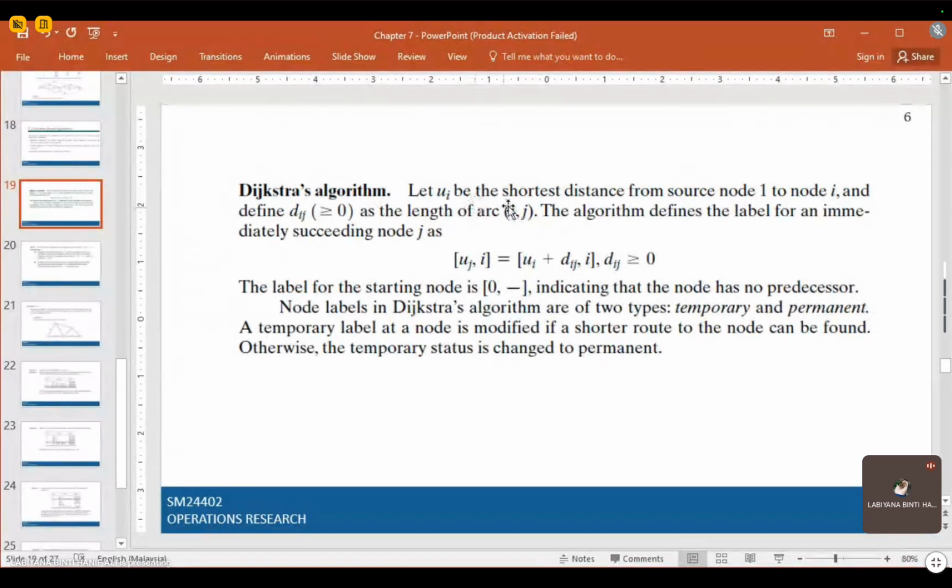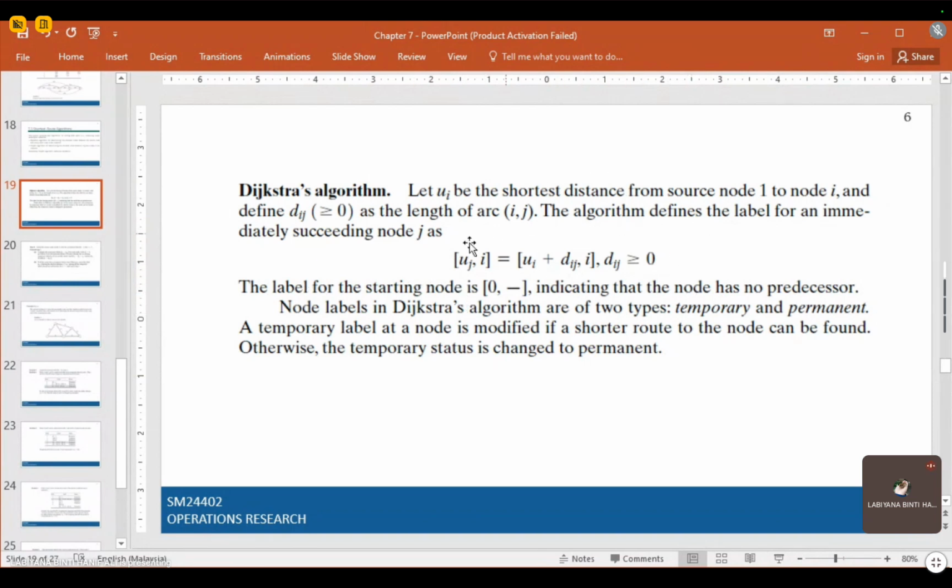Let Ui be the shortest distance from source node 1 to node i, and define Dij, greater than or equal to 0, as the length of arc ij. The algorithm defines the label for an immediately succeeding node j as [Uj, i] equal to [Ui plus Dij, i], where Dij is greater than or equal to 0.